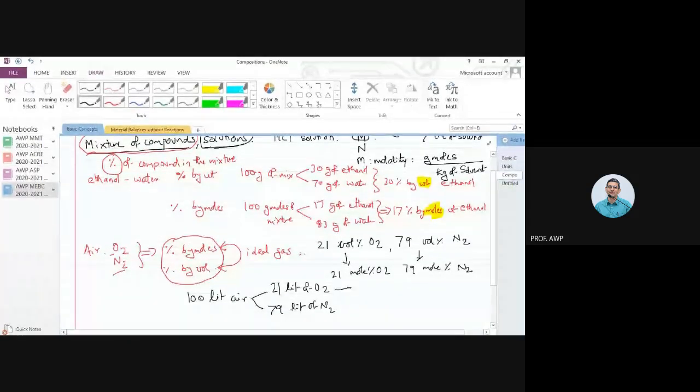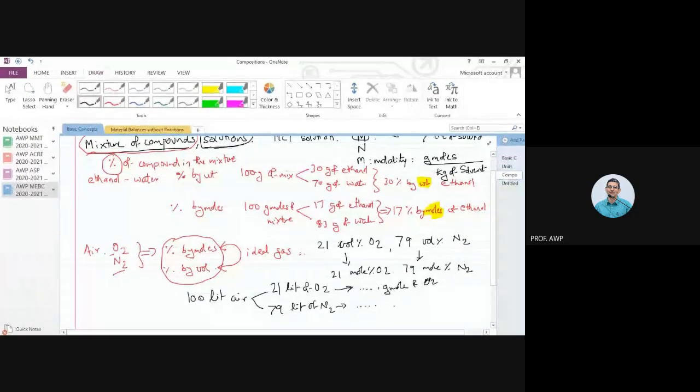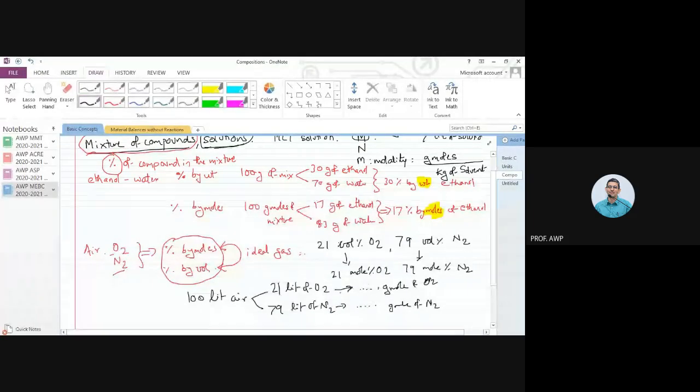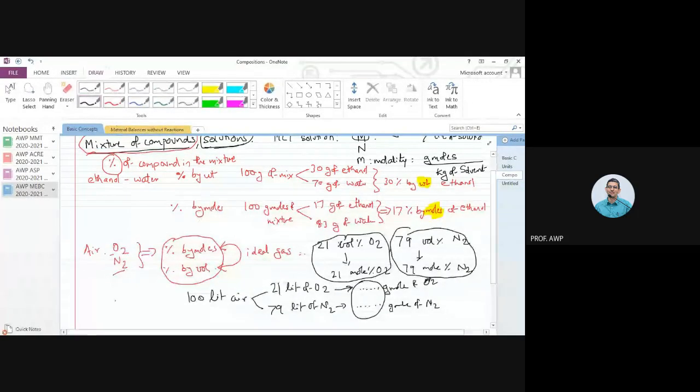If I convert this into gram moles of oxygen and gram moles of nitrogen, I have to use the ideal gas law, and converting volume into moles, it is the same ideal gas law that is applicable, and therefore the mole percent and volume percent are identical when we are talking about gases.